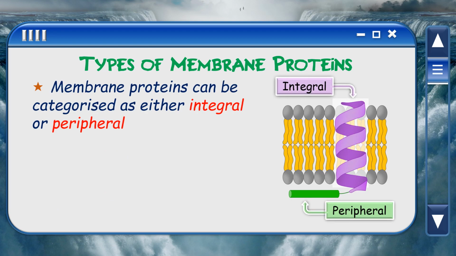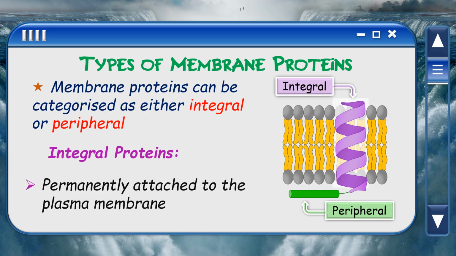Membrane proteins, we have already seen, are categorized as integral or peripheral proteins. Integral proteins are permanently attached to the plasma membrane.